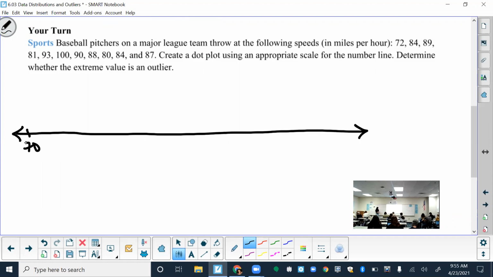All right, so we'll start at 70. And what should it end at? About 100, or maybe even a little more. Maybe like 105. I don't know, 110. And how do we want to count by? We want to count by fives again.